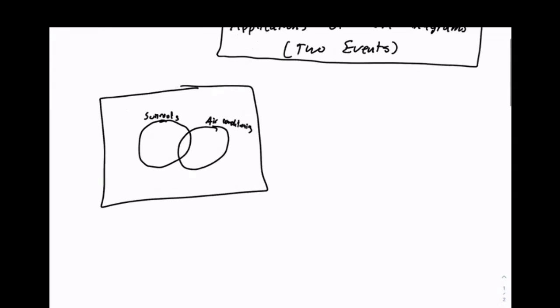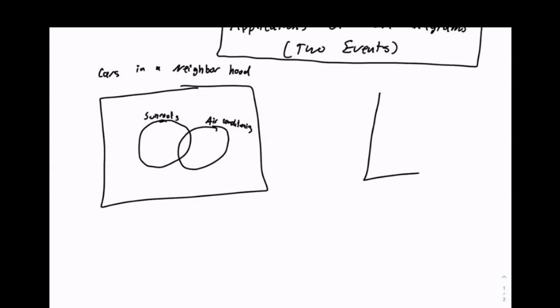It should be noted that I'm referring to those circles. Even though I've written outside the circle, I'm referring to those circles right there. And these represent just cars in a neighborhood.